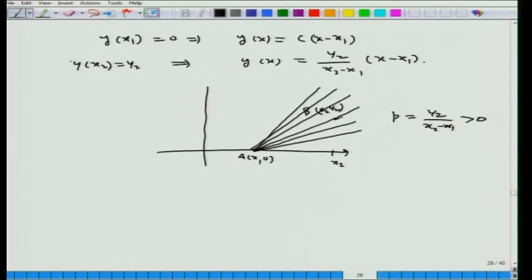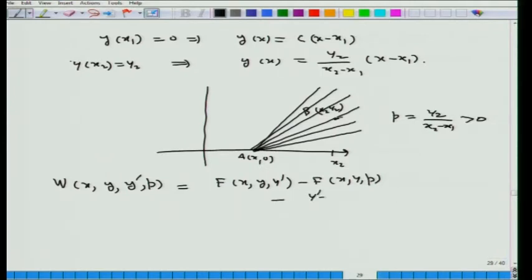And so we check that w(x, y, y prime, p), which is f(x, y, y prime) minus f(x, y, p) minus (y prime minus p) f_p(x, y, p).